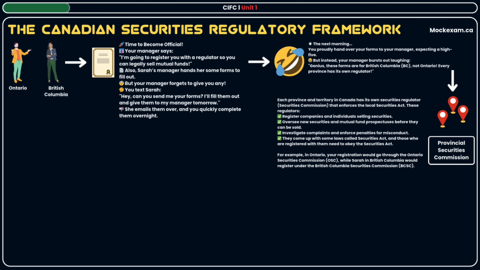The last responsibility is that the Provincial Securities Commission comes up with laws called the Securities Act, and those who are registered with them need to obey the Securities Act. Okay, this is the time to talk about the Securities Act.